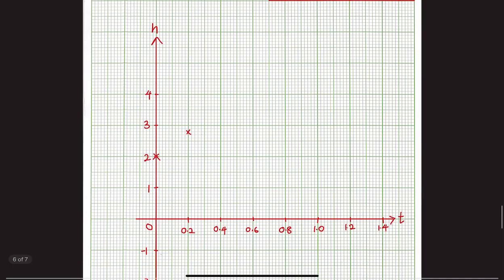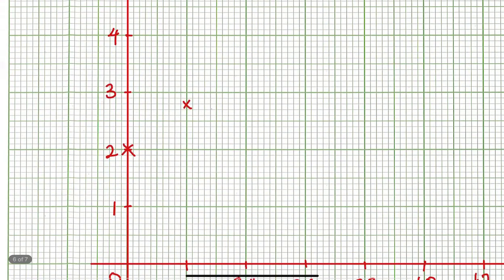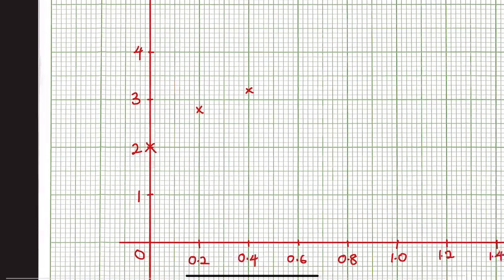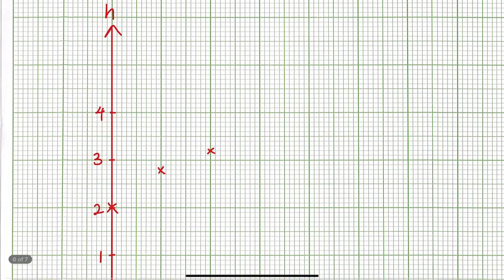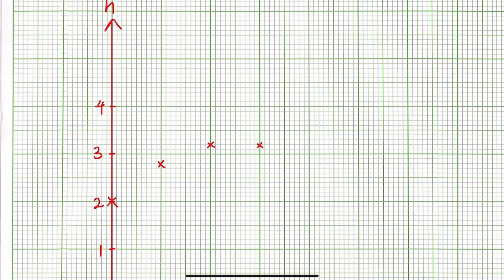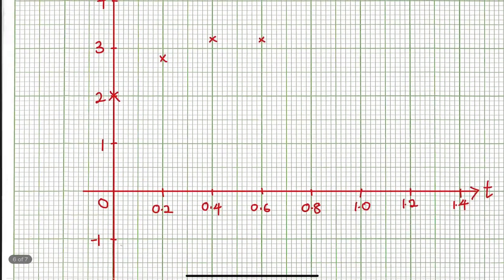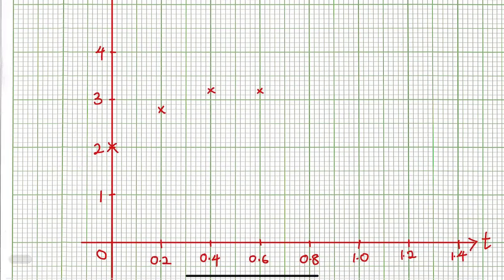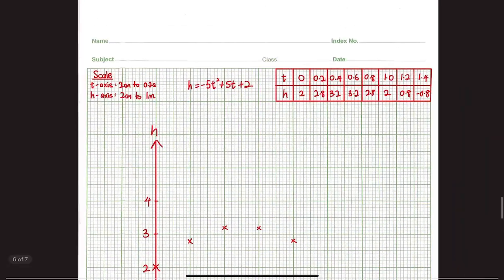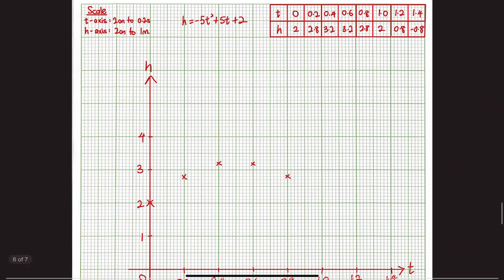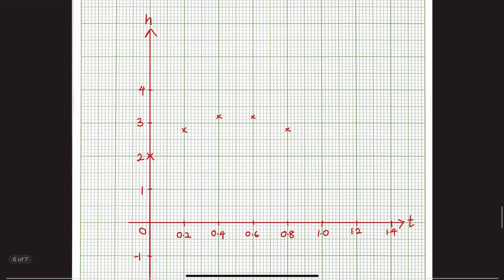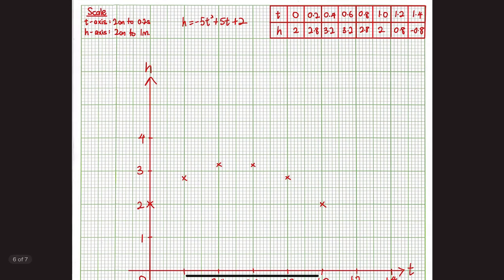0.4, 3.2, which is this one here. 0.6, 3.2 here. 0.8, 2.8, I have this value here. 1.0, 2.